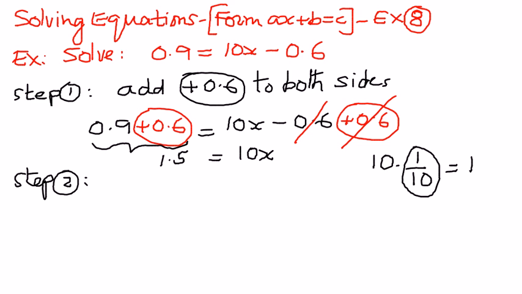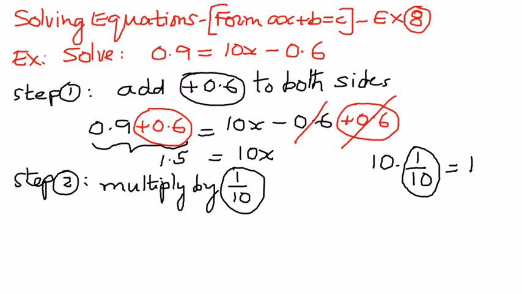And therefore we're going to use this property in here, and multiply by 1 over 10 on both sides. And how do we write that?